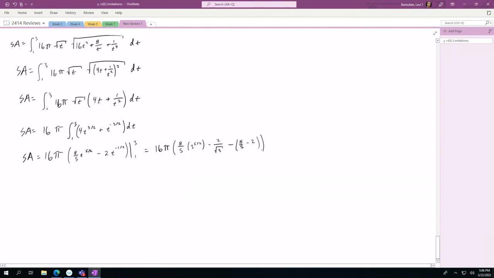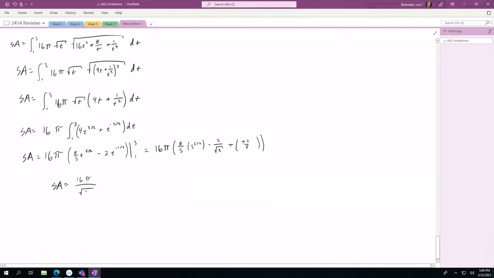And I can go ahead and compute 8/5 minus 2. 8/5 minus 2 gets me negative 2/5. And then negative negative makes it positive, so I have a surface area that's not a very pretty number, to be sure, but I can do 16 pi.